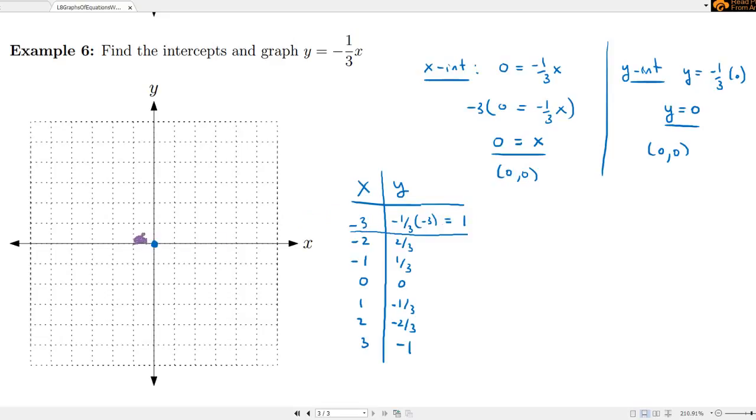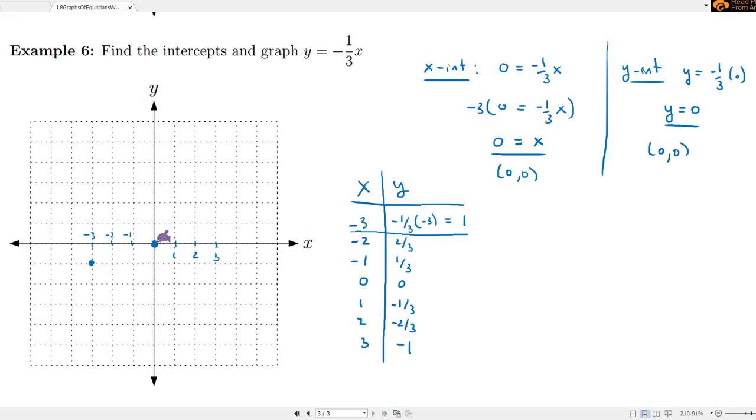So -3, 1. Right, so -1, -2, -3, and 1, 2, 3.